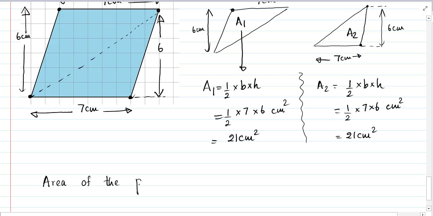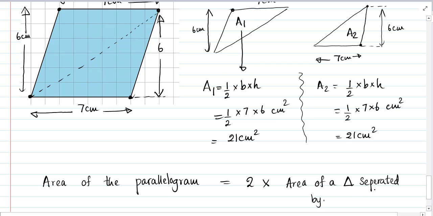Area of the parallelogram, which means sum of these two areas, or you can compute that as 2 times the area of a triangle separated by a diagonal.